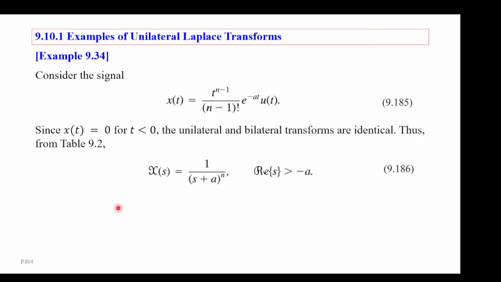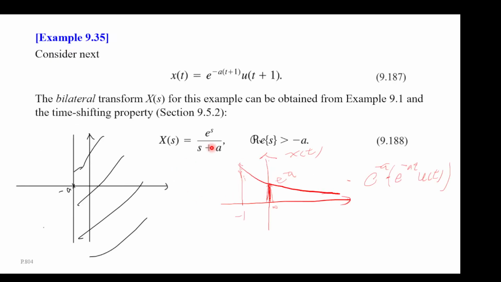So that's the unilateral Laplace transform, which gives you those partial fractions. Then we see an example where you do a shift on those functions. Instead of exponential decay starting at t equals 0, if you do a time shift so that the exponential decay starts from t equals minus 1, then the unilateral Laplace transform and the bilateral Laplace transform will be different.